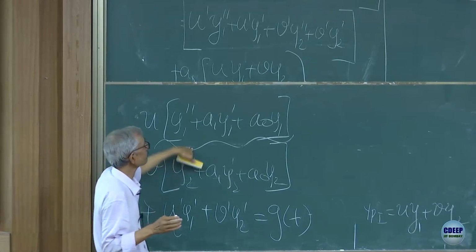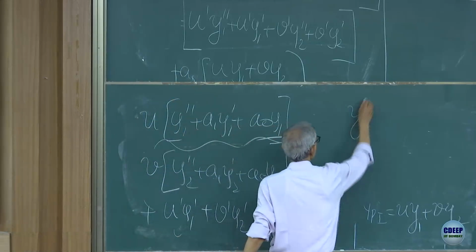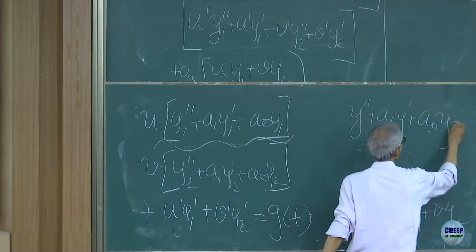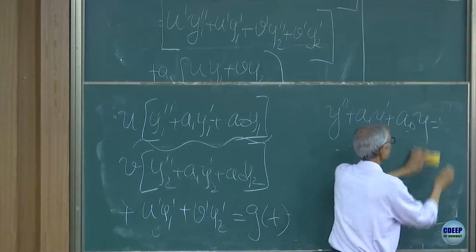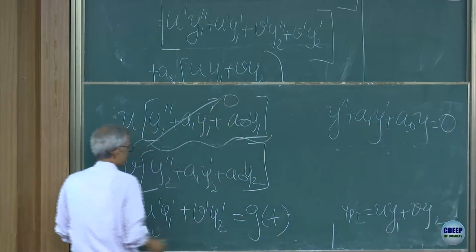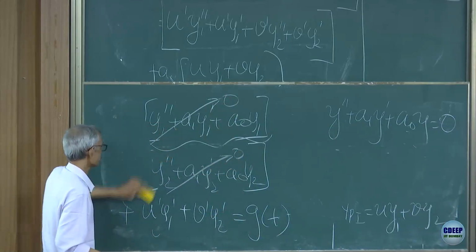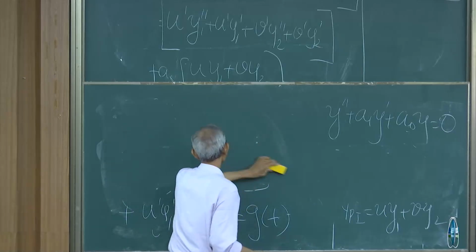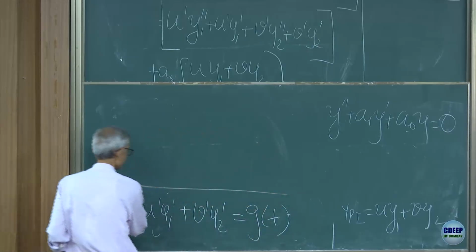The equation itself is y double prime plus a1 y prime plus a naught y is equal to g of t, and the homogeneous part is if I take this equal to 0. So this guy is gone. Similarly, this guy is also gone. So what remains is this guy here.